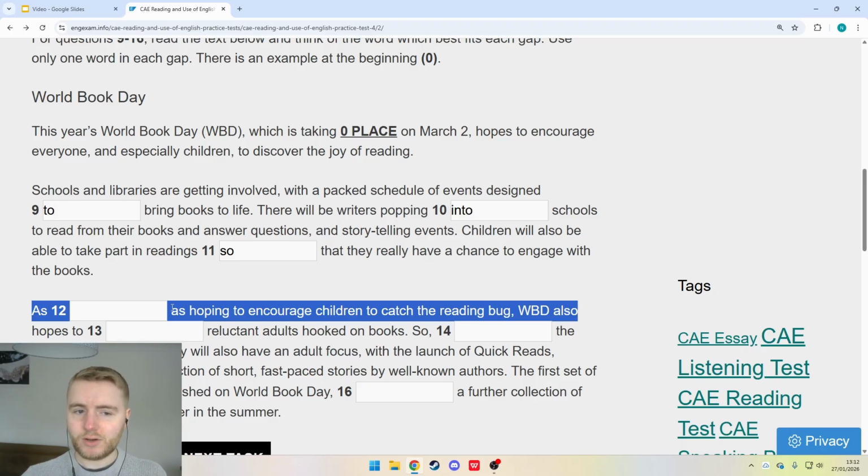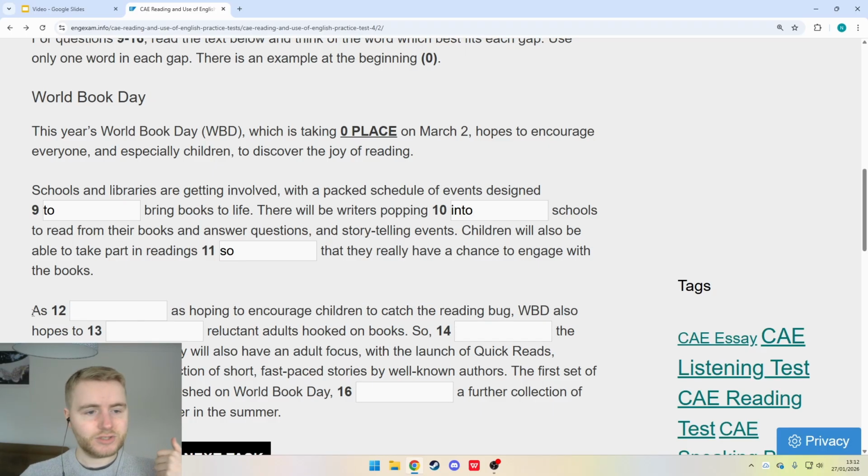So, I know that this structure as something as, it could be two things in English. Could be a comparative, like I am as fast as a tiger, okay? But do I think it's a comparative? Would an adjective go in here? As purple as hoping to encourage children? No, an adjective doesn't really make sense here.